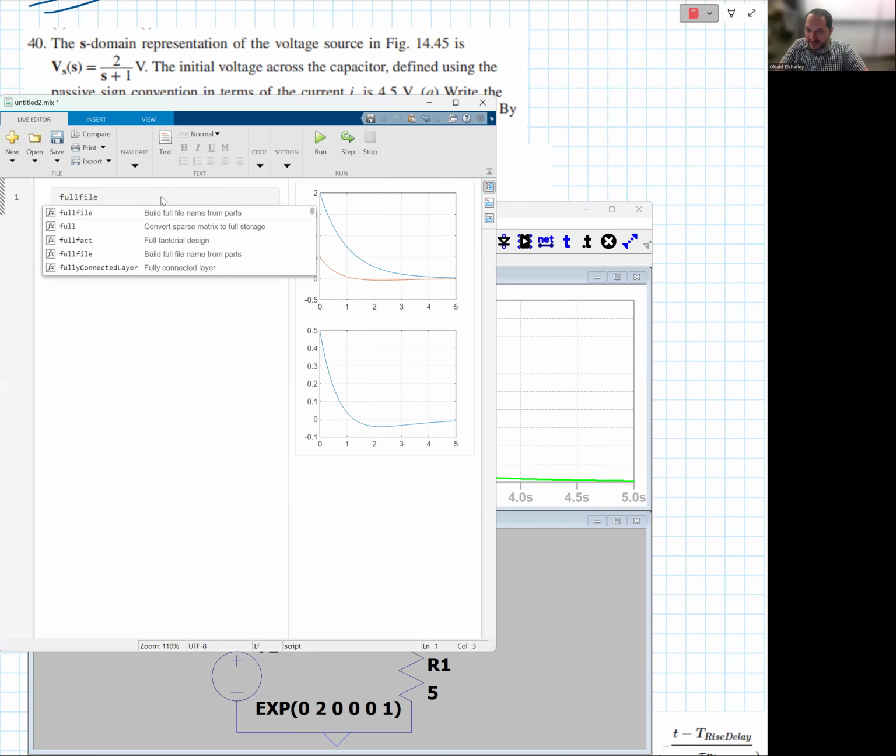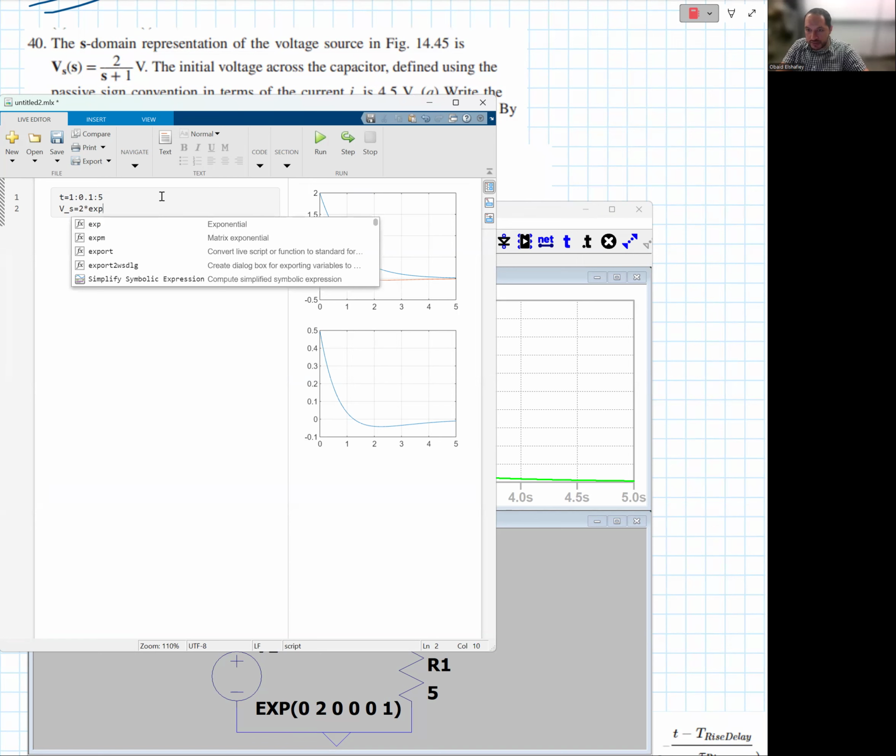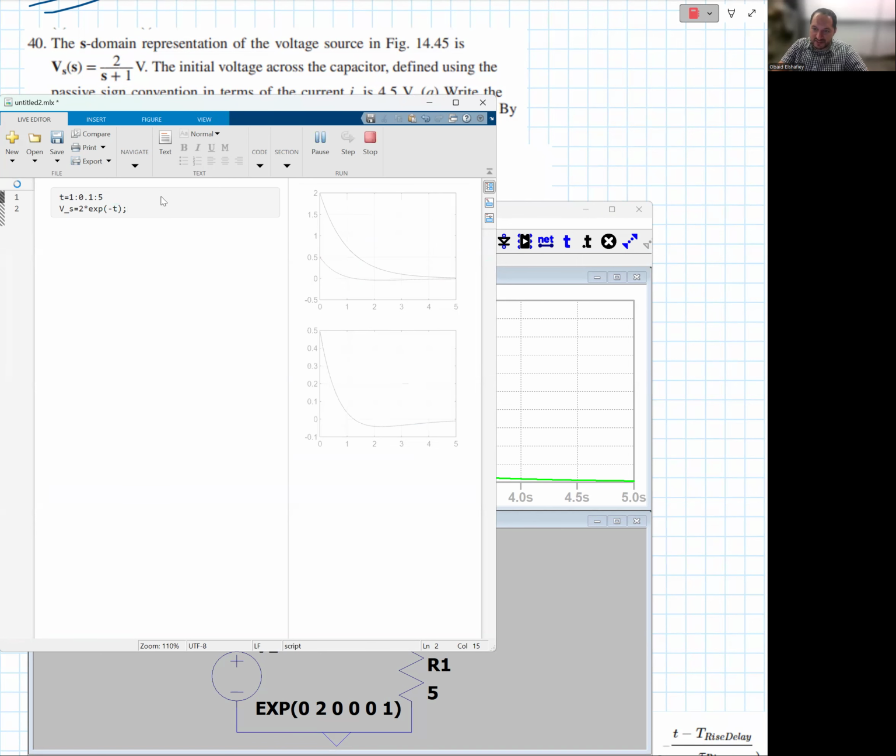Let's create a time t from 0 with step size 0.1 to 5 seconds, and our source Vs equals 2 times exponential of negative t times u(t). So let's plot.